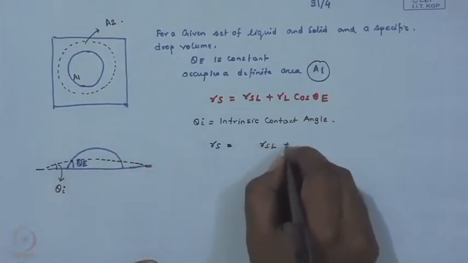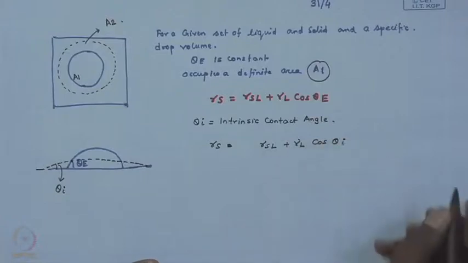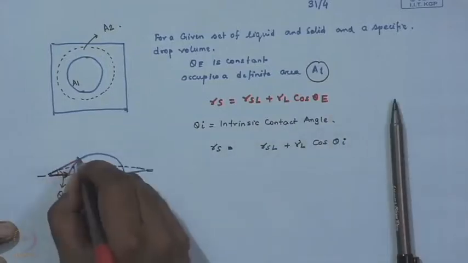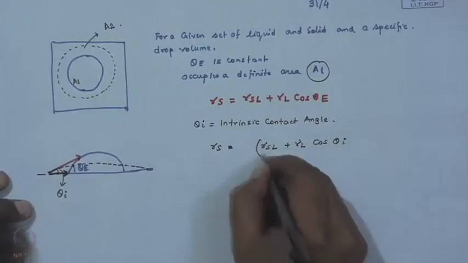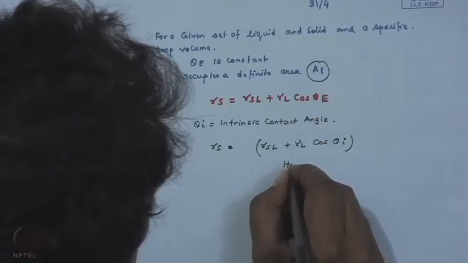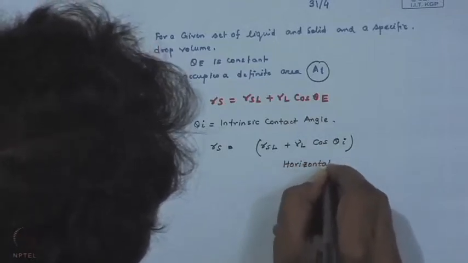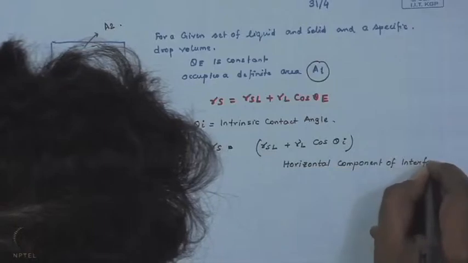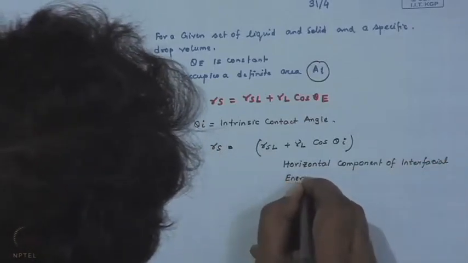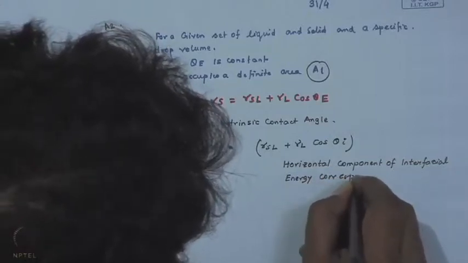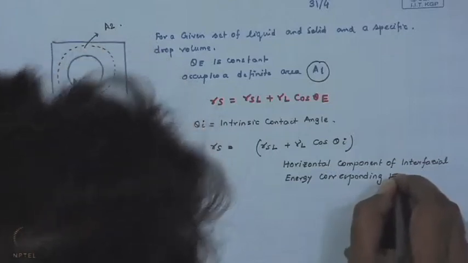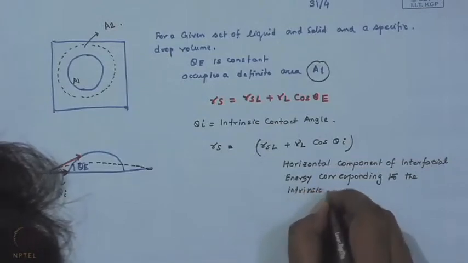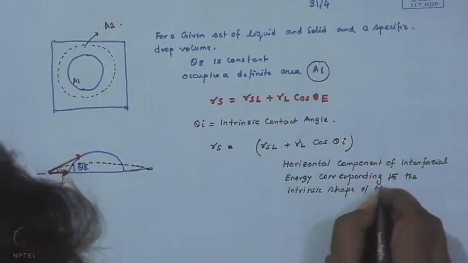The right hand side is now cos theta I. So, this is the horizontal component of interfacial energy corresponding to the intrinsic shape of the drop.